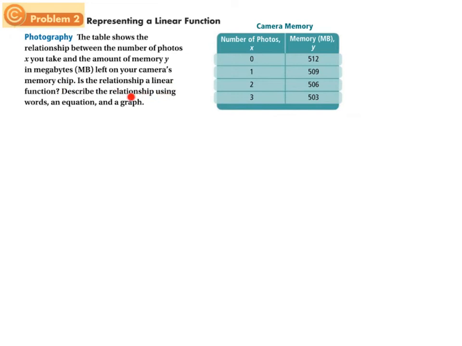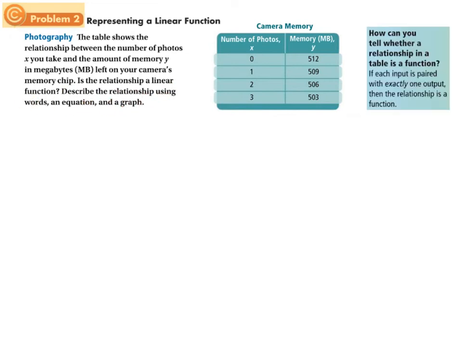So it is a linear relationship. Okay, now you're going to describe it using words, an equation, and a graph. Okay, here's what it says. How can you tell whether it's a function? Well, first of all, if you have a different number each time, then it's not a problem. Okay, each input is paired with exactly one output. You're not getting, for any one number, two different numbers out.